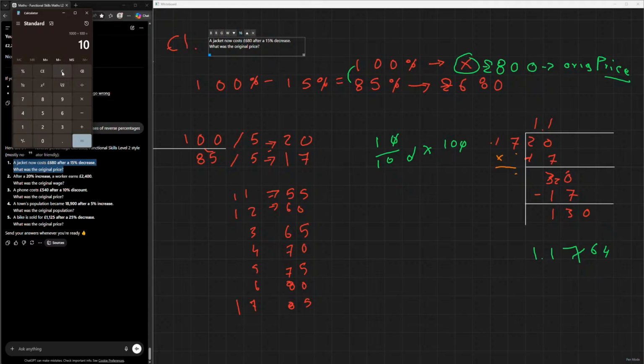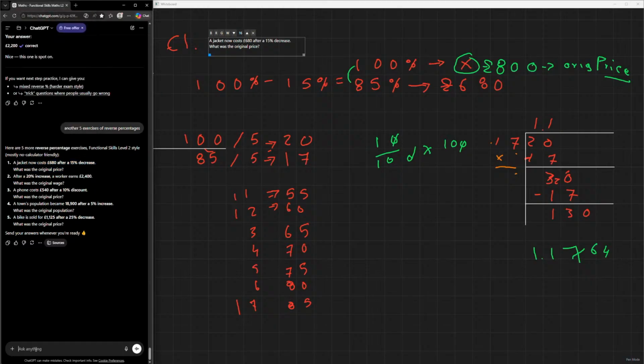Or will this answer be 680 divided by 0.85? Yeah. So always divide this by 100. But what if it's the other way around? We'll see on the next episode. A1 is 800.